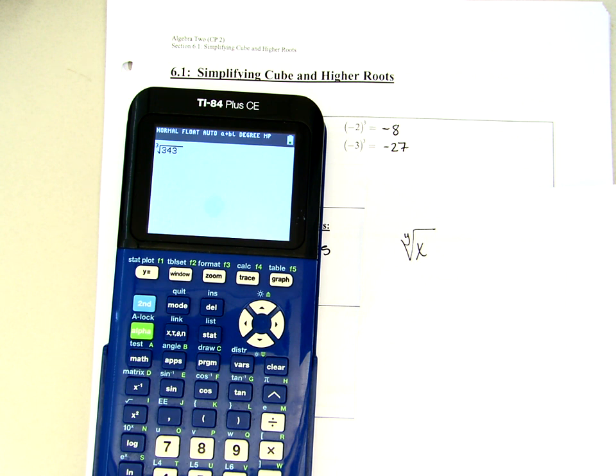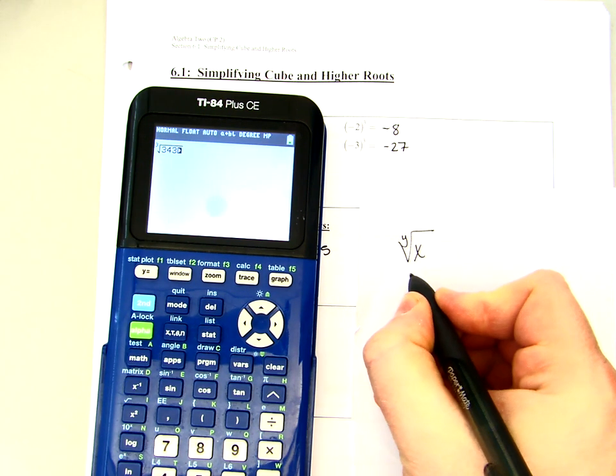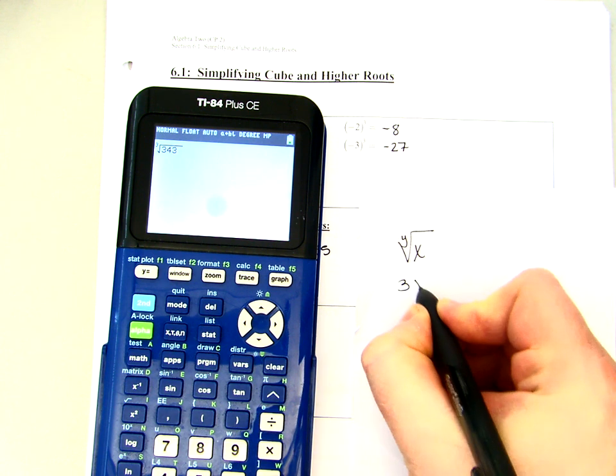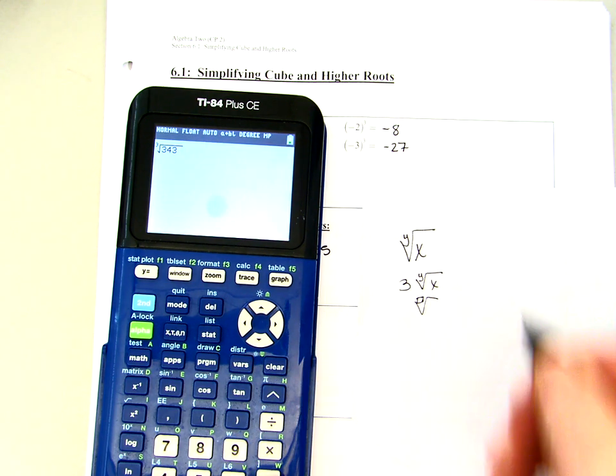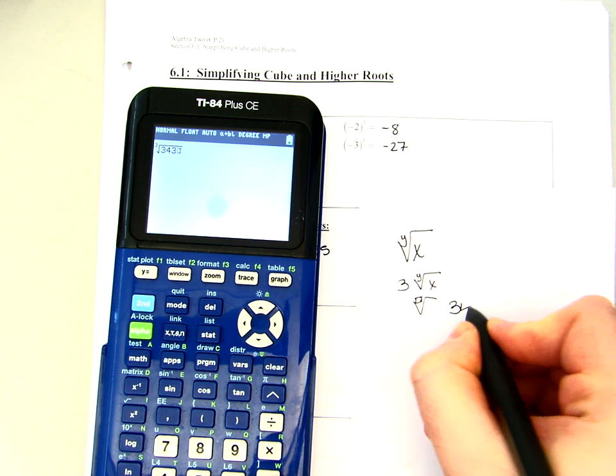If you have a scientific calculator, watch please, you do not actually have a cube root button, you have any other type of root button. So the way we're going to have to do this is we're first going to have to tell it we're taking a cube root. You're going to type a 3, then push the button that looks like this, and then you're going to say 343.